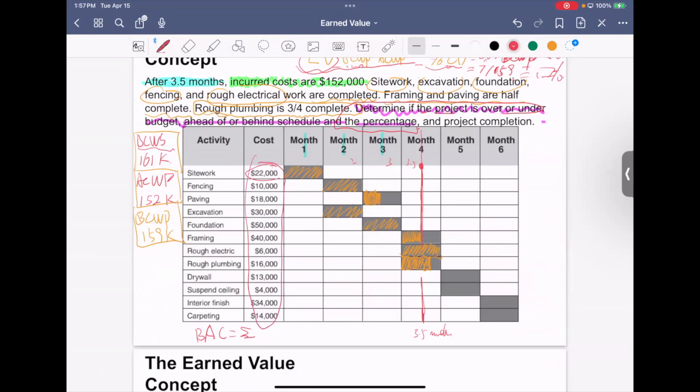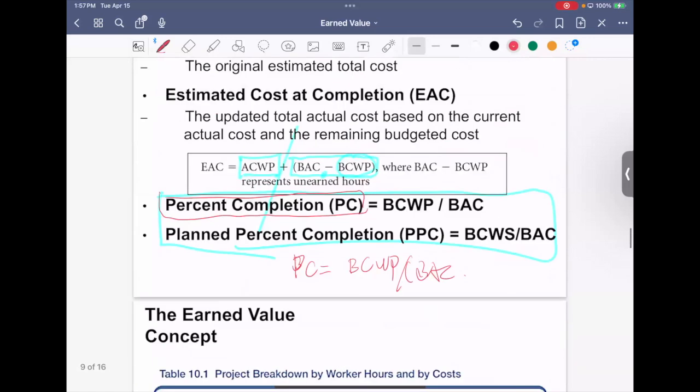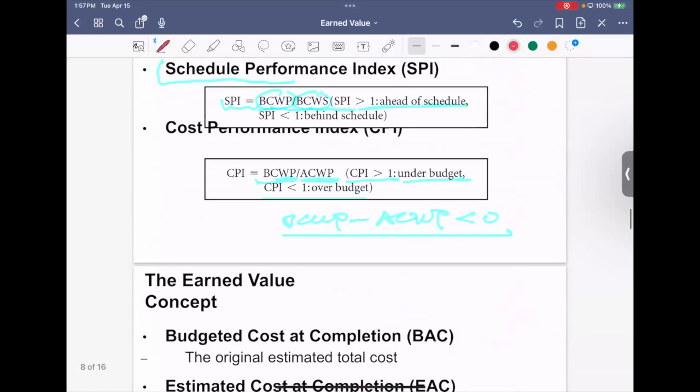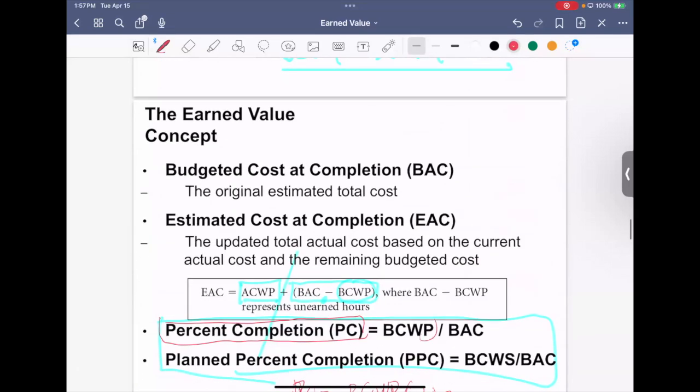Does that make sense? And then your project computation is equal to your BCWP divided by BAC. Am I correct? BCWP, your budget cost of work performed, divided by BAC, right?